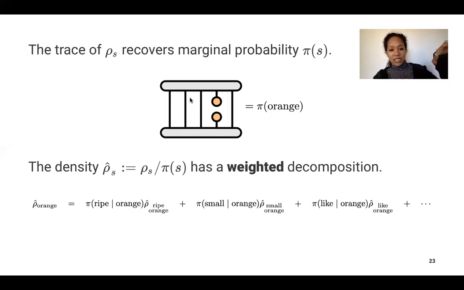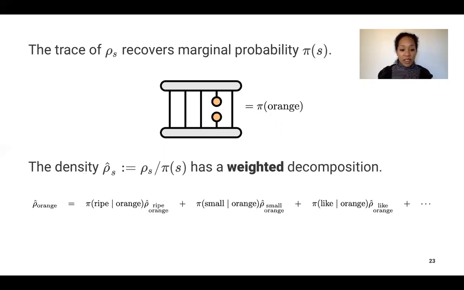So the partial trace is just summing over all variables except for the one that I'm focusing on, and that's just precisely marginalization. So what I can do is divide or normalize my reduced densities by their trace, or by the marginal probability. This gives me a true density operator with trace 1.